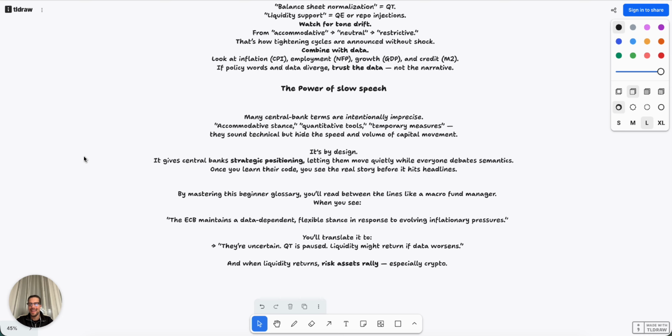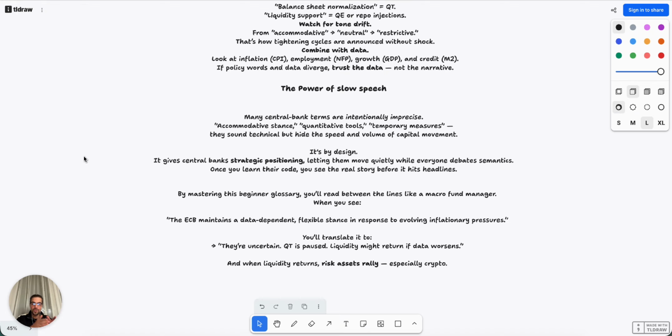So they hint at possible easing. The QT is now paused, but they are still data dependent, and they have a flexible stance in response to evolving inflationary pressures. So they might need to step in and return the liquidity, but not at the current moment, but they are suggesting that.